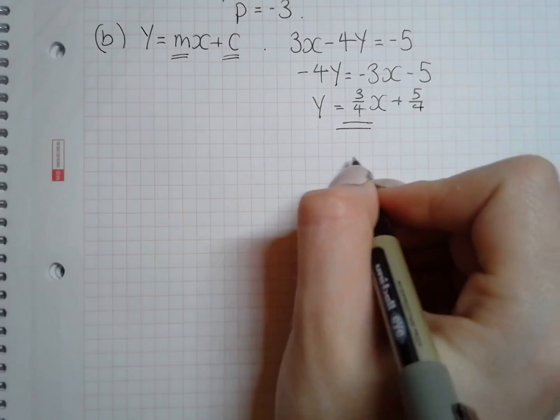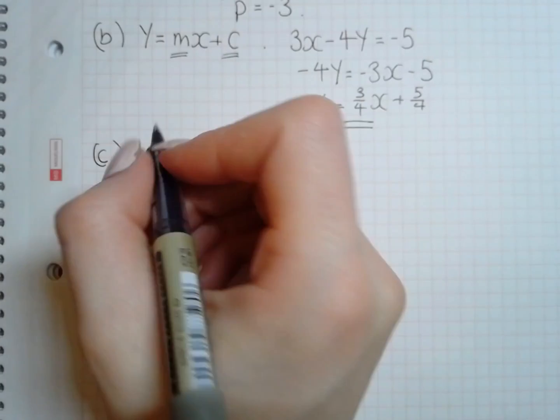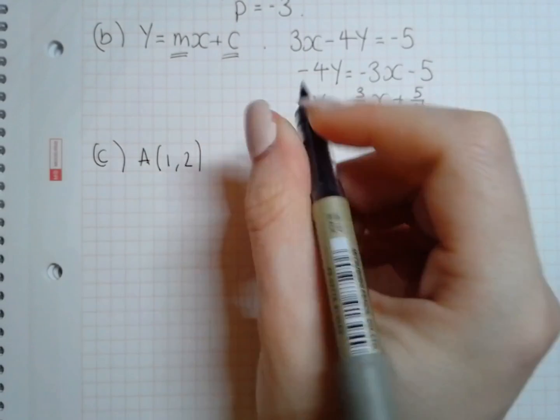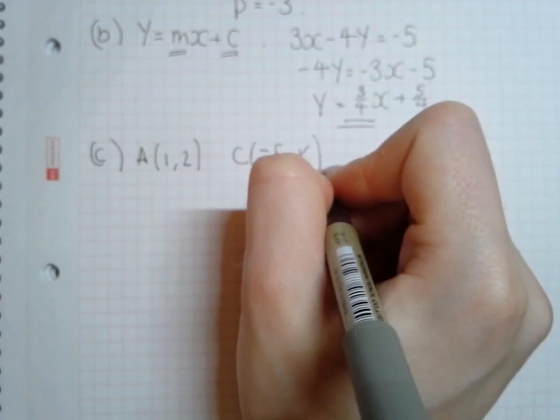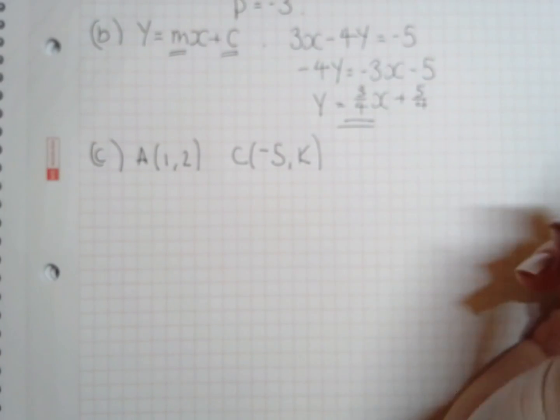Okay, so part C. Point A has the coordinates (1, 2), and the point C has the coordinates (minus 5, k), such that AC is perpendicular to AB.